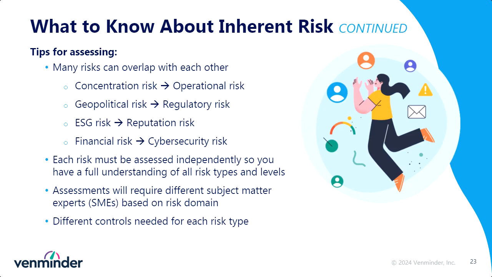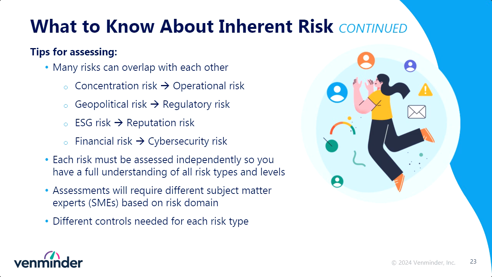And a few other notes about inherent risk. As I mentioned a few times already, many risks can overlap with each other, but it's still important to assess them independently. Financial risk can overlap with cybersecurity risk, but these two risk types might still need different controls in place to manage them effectively.